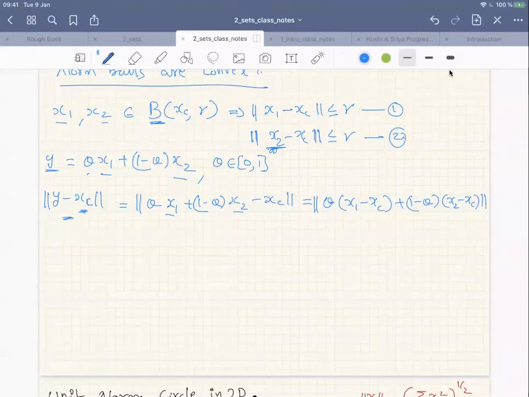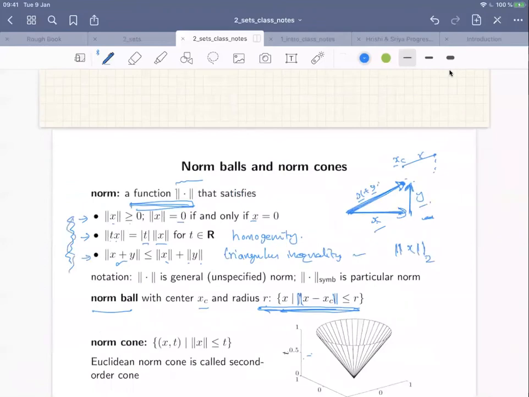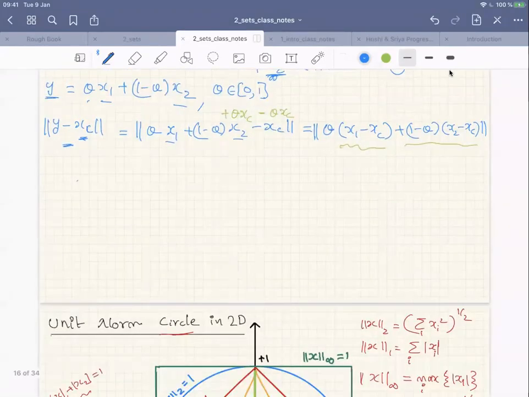You can practice this and verify by yourself. What you have to do is add theta xc and subtract theta xc and group terms to get this expression. Now we can apply some of the inequalities and continue the derivation.